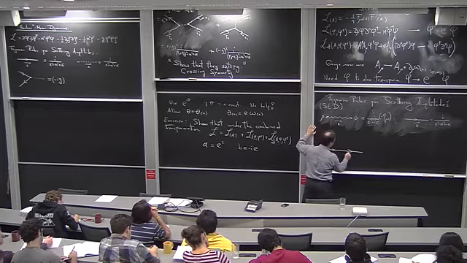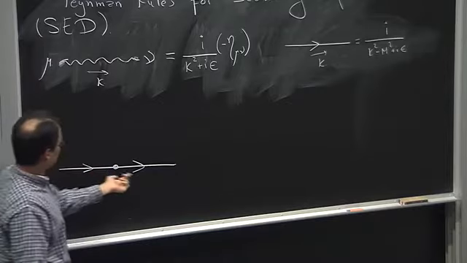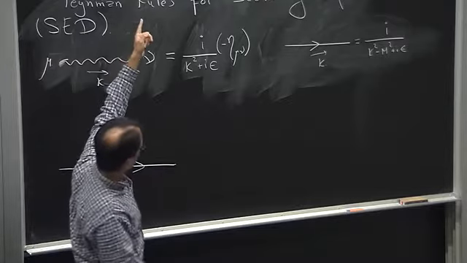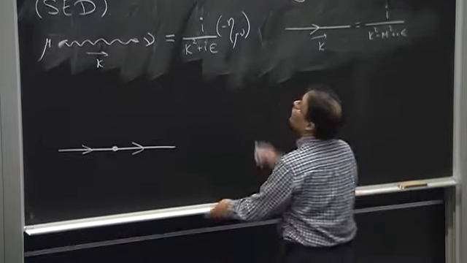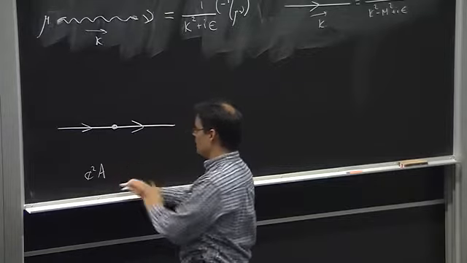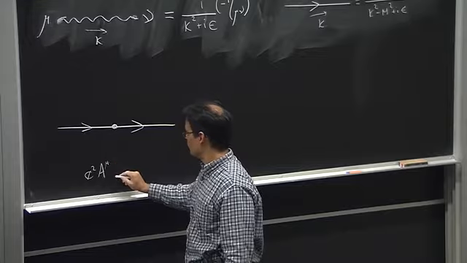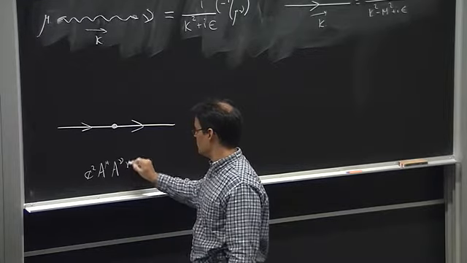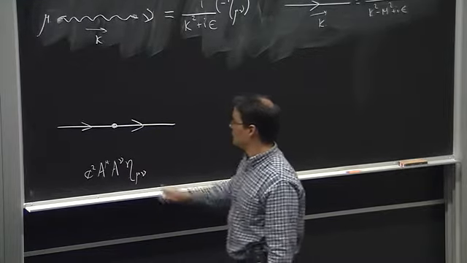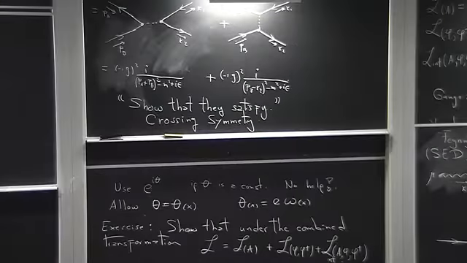Whatever it is, it has a nucleon and an antinucleon, right? So we're looking at the term coming from E squared A. So allow me to write this as follows: A mu, eta mu nu, A nu, phi dagger phi.